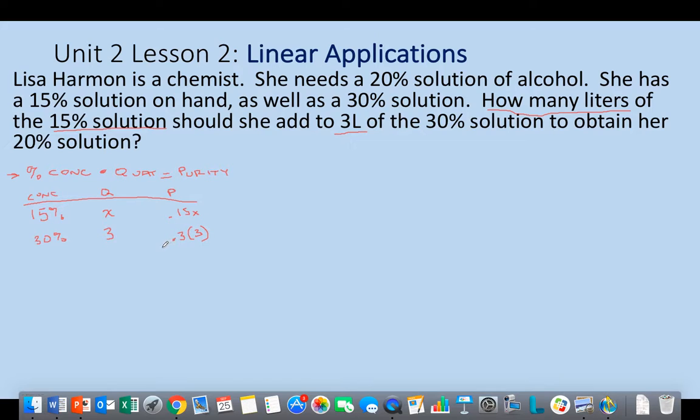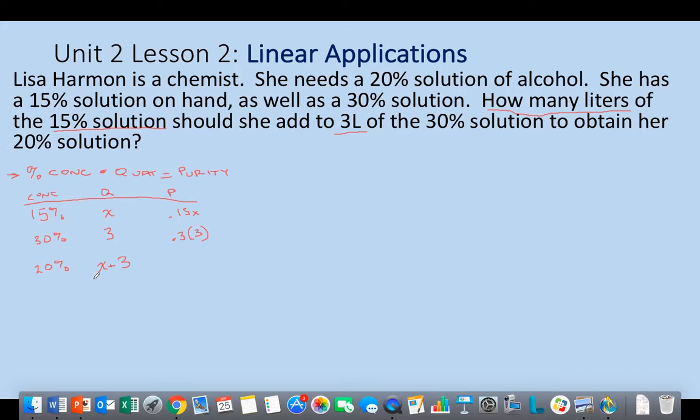All right, and then finally, what I want is a 20% solution. And, well, again, I'm going to be mixing them together. I'm going to be adding the 15%, which I don't know how much I have of that, plus my 3 liters. So the total quantity is going to be X plus 3.